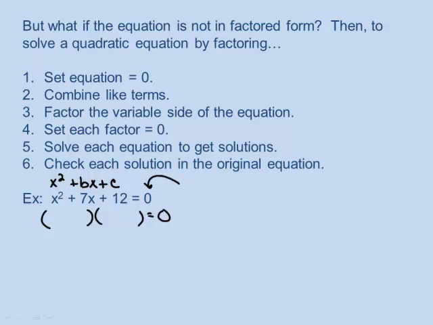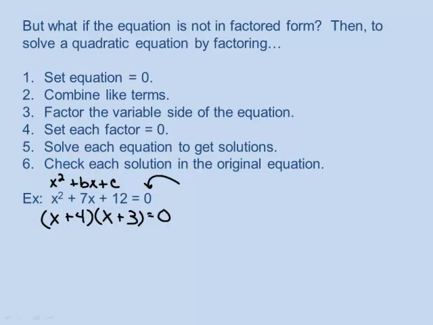Or if you remember, the easier way says find factors of c that add to give you b, and those will be the last two terms in your group if this is one of the easier trinomials. So factors of 12 that add to give you 7 would be a positive 4 and a positive 3. 4 times 3 is 12. 4 plus 3 is 7. And then, of course, the variable goes into the first position of each group.